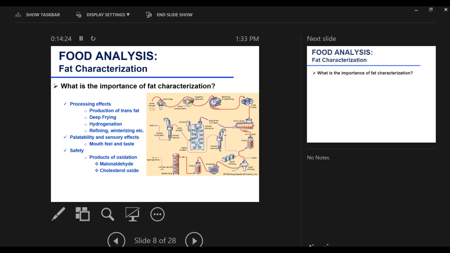So refining, if you look at this, is kind of a schematic of what happens to the oil after crushing. It goes through many different things: filtering, pressing, crushing, extruding with a screw press, and then filtering, and then it can go to alkaline refining. That means we have fatty acids; they're acids, right?